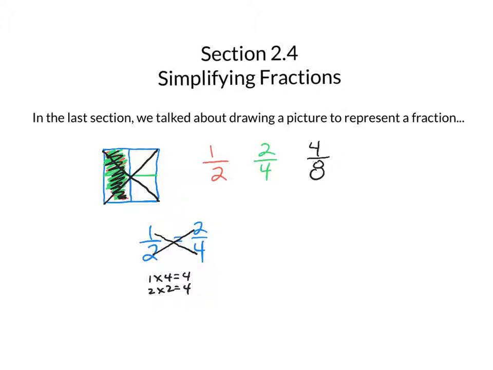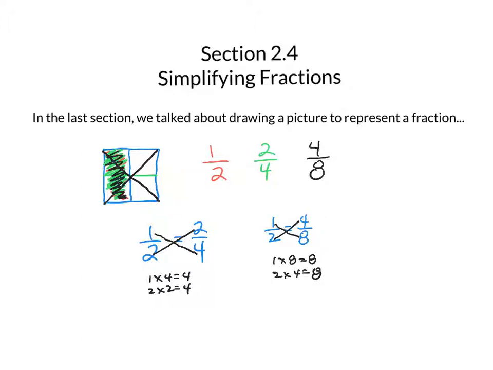We can show it also with the 1/2 and the 4/8. So when I know that 1/2 is the same thing as 4/8, notice again that 1 times 8 gives me 8, and 2 times 4 gives me 8. So I know that those two are equal to each other.